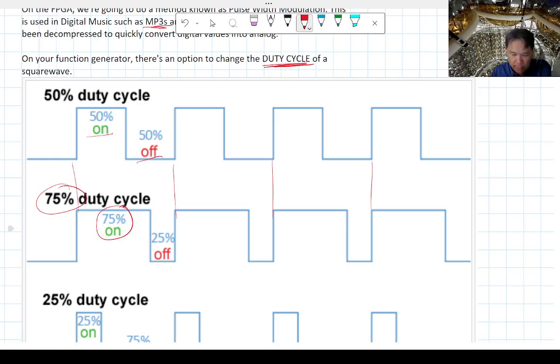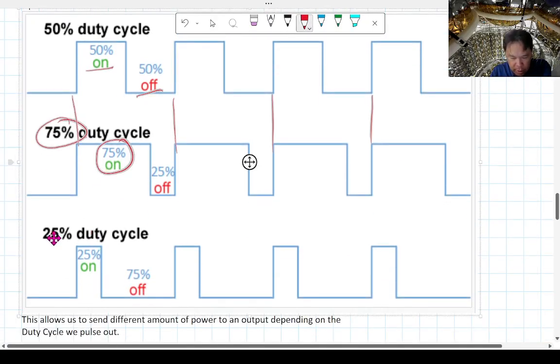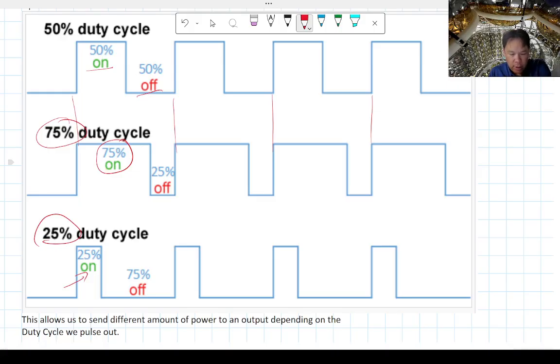You can reduce it to a 25% duty cycle, where your pulse is only high 25% of the time and off 75% of the time. You can even do a 1% duty cycle or a 99% duty cycle, so you can go to a lot of extremes.